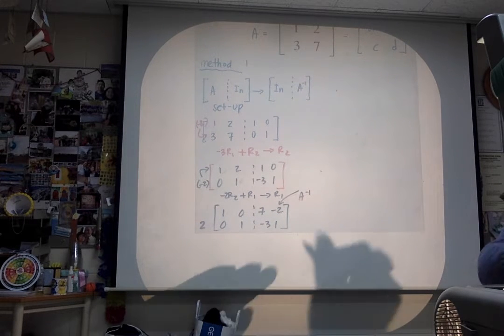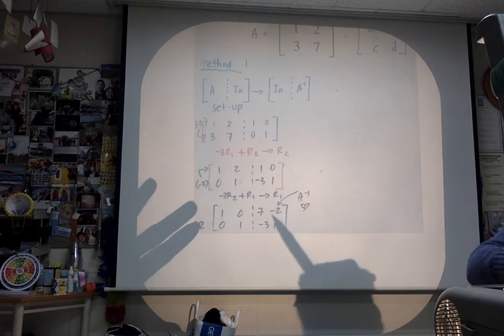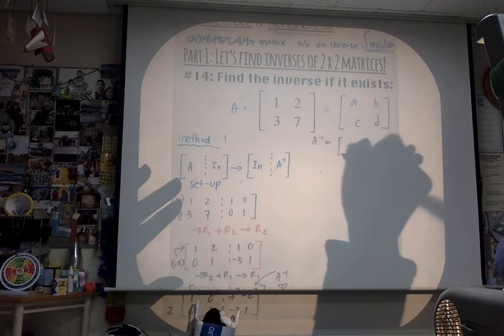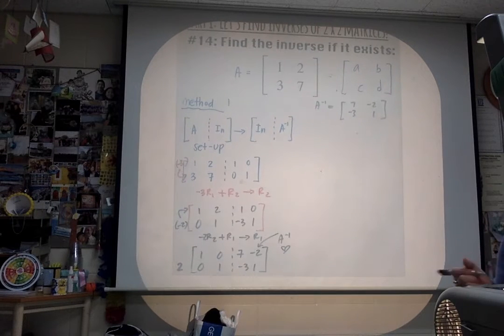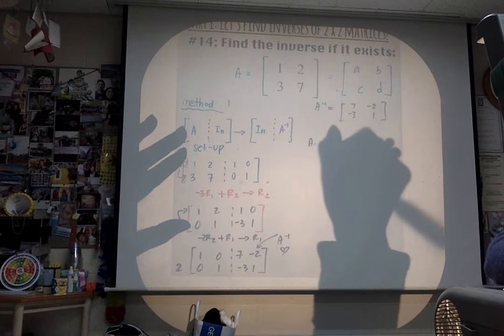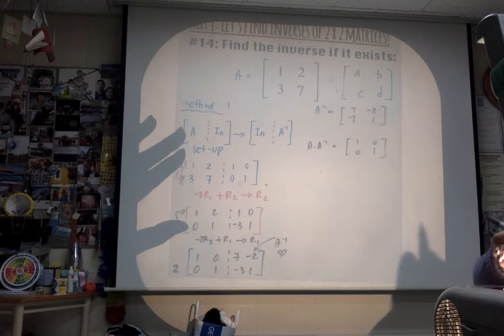Okay, and that's it. That's how you do that, okay? Just for a 2 by 2 though. So my inverse matrix, my A inverse, I can conclude it's going to be 7, -2, -3, 1. Okay? And let's actually see if that's true. What has to be true then? If I multiply A and A inverse, I should get 1, 0, 0, 1, right? So let's try that.